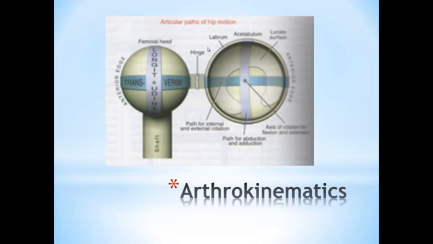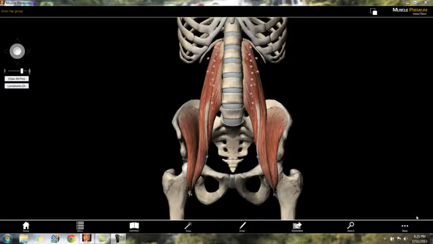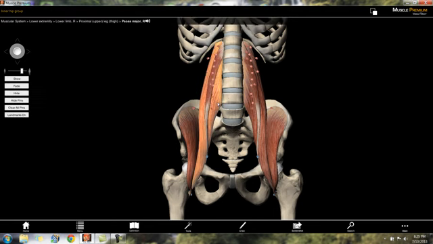Okay, so let's take a look at what muscles support the joint. So we're going to talk about some muscles now, and we'll initially start with the hip flexors, and the biggest, most prominent hip flexor is the psoas major.